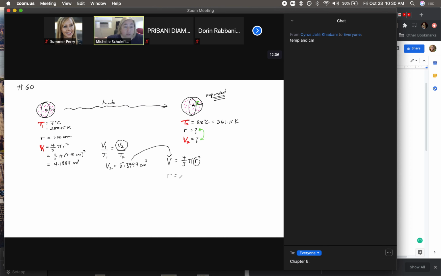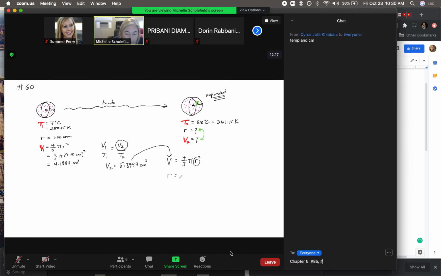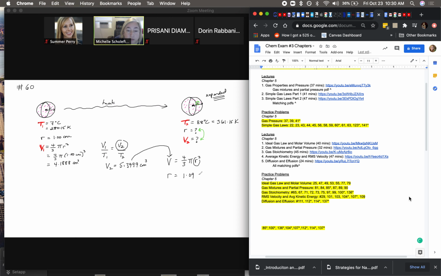We know that the spherical container expanded, so we should get a radius greater than 1. So if I work this out, times 3 divided by 4, divide by pi, take the cube root, I end up getting a value of 1.09 centimeters for r.